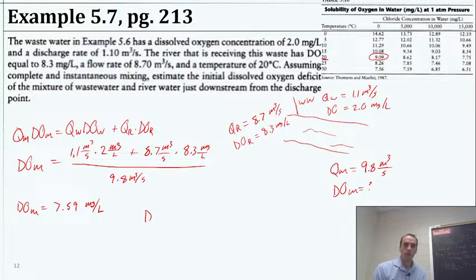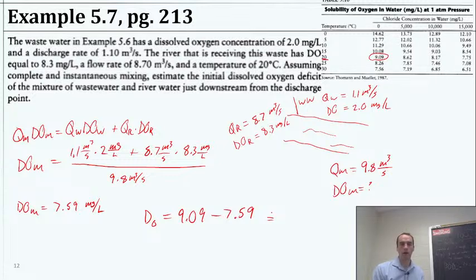Then that would mean our initial deficit for the mixture, this D naught, should be the oxygen at saturation, that 9.09 from the lookup table, minus 7.5. Okay, and that looks like it should be pretty simple, right?